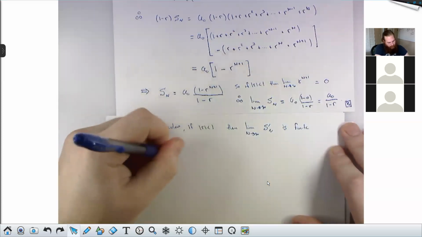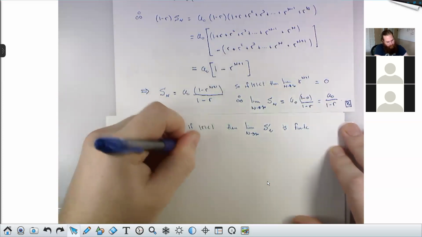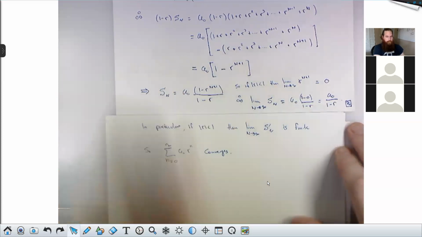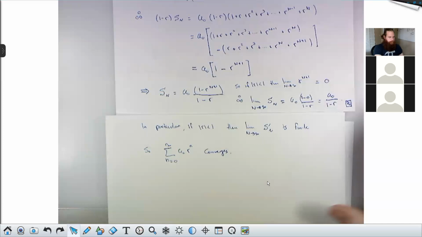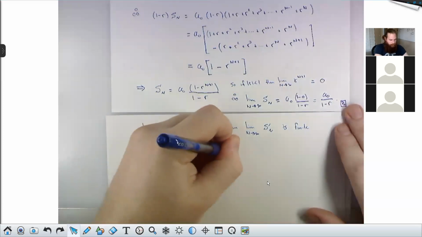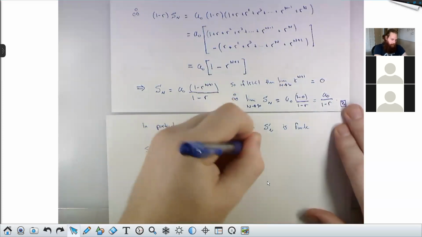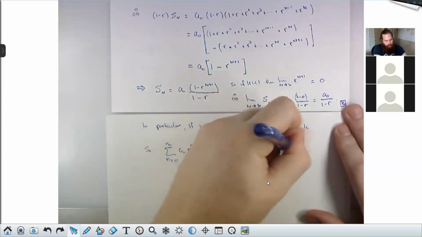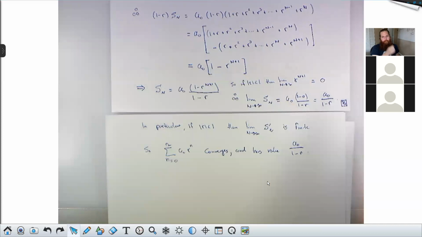So the sum from n equals 0 to infinity of A naught times r to the n converges, and has value A naught over 1 minus r. So this is really cool.